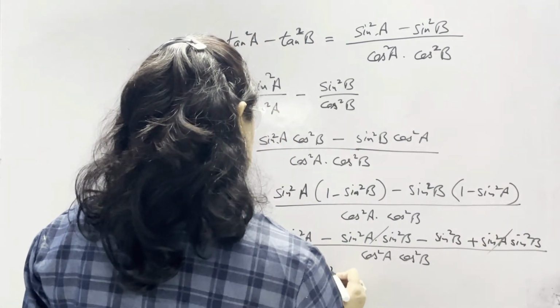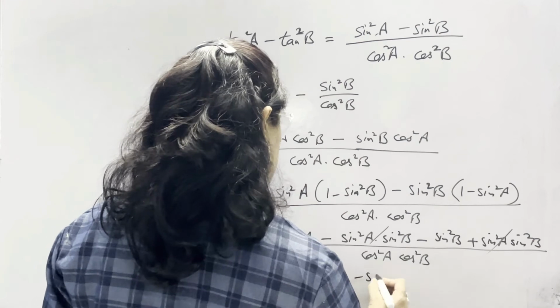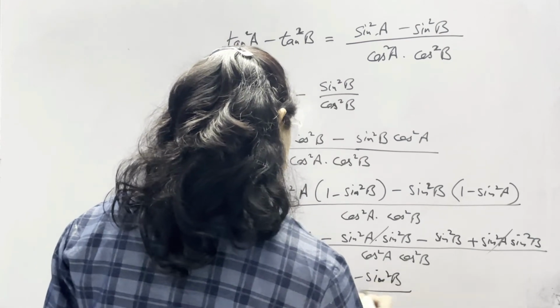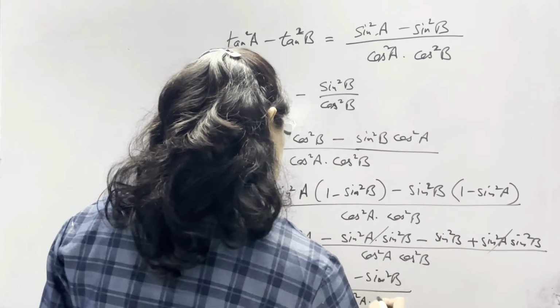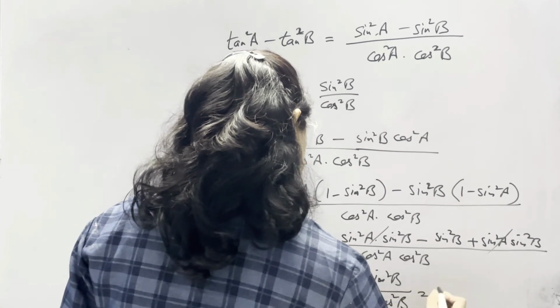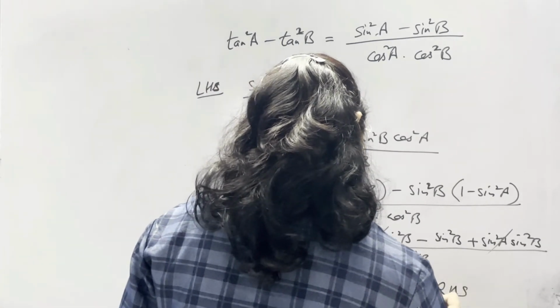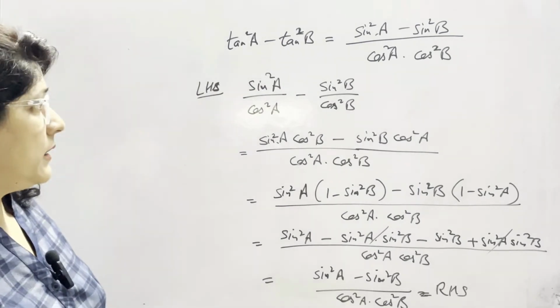So sin square A minus sin square B, in the denominator cos square A and cos square B, is equal to the right hand side, hence proved.